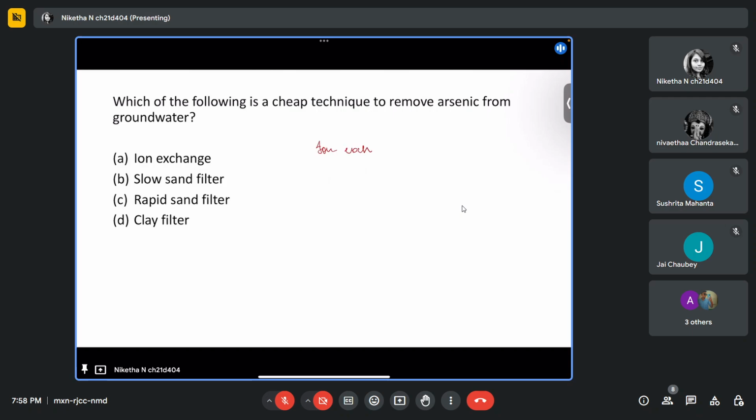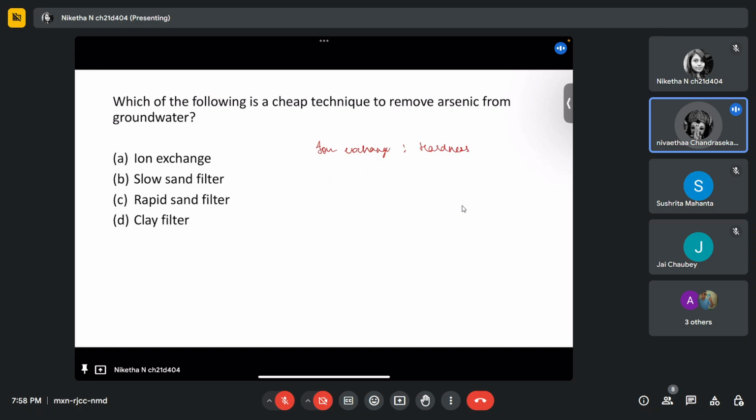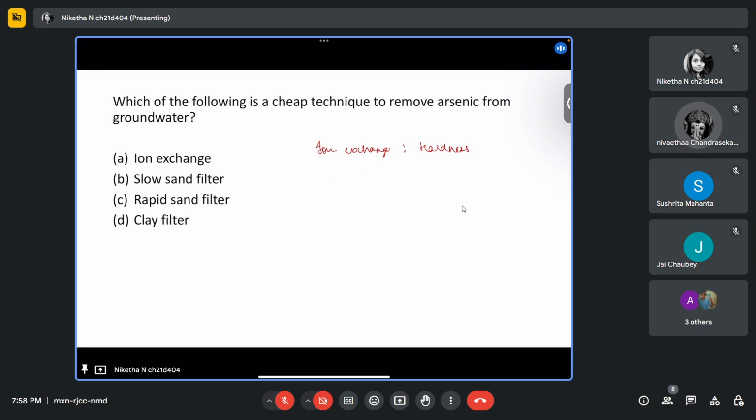So ion exchange is mainly used for removing hardness, like we saw that calcium 2 plus will be exchanged with sodium. So what do you think is the answer?